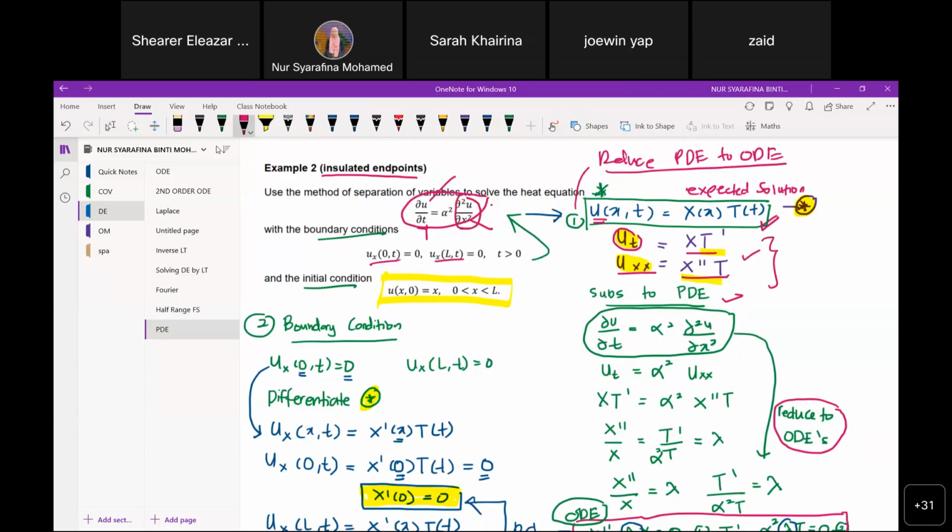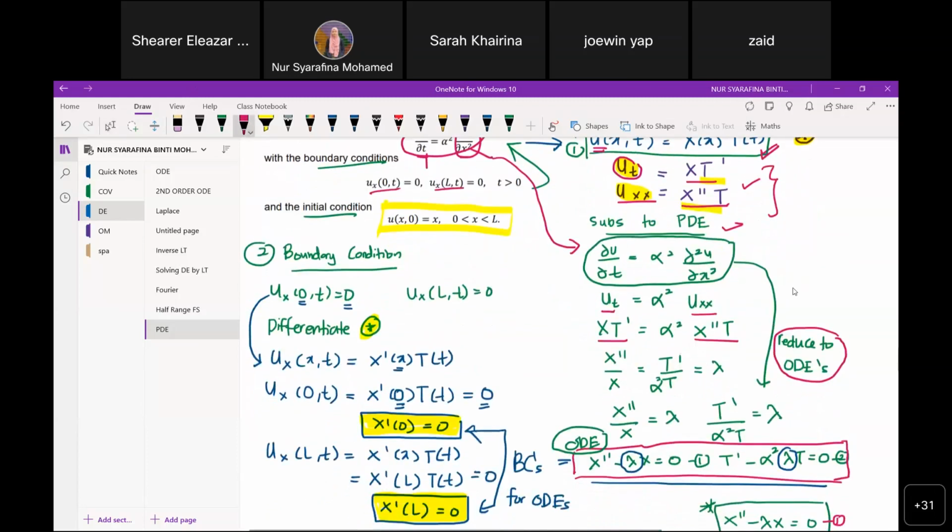And then substitute into the PDE. This is your PDE: ∂u/∂t = α² ∂²u/∂x². So ∂u/∂t is your u_t, ∂²u/∂x² is u_xx, and u_t is X T', u_xx is X'' T. Now rearrange and put each variable on its own side.